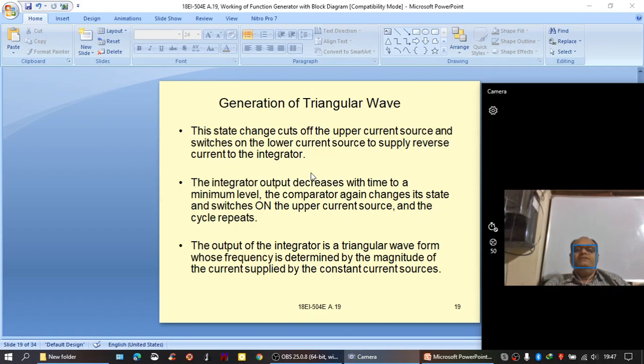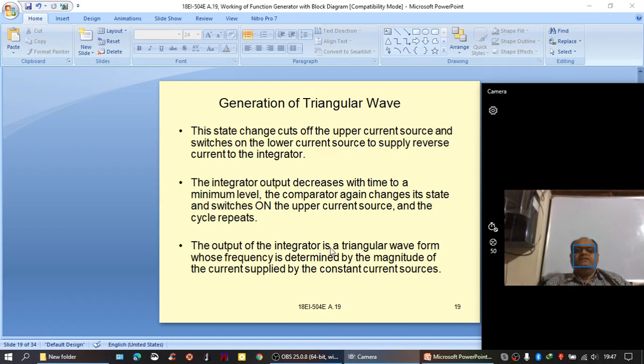The integrator output decreases with time to a minimum level and the comparator again changes its state and switches on the upper constant current source, and the cycle repeats.